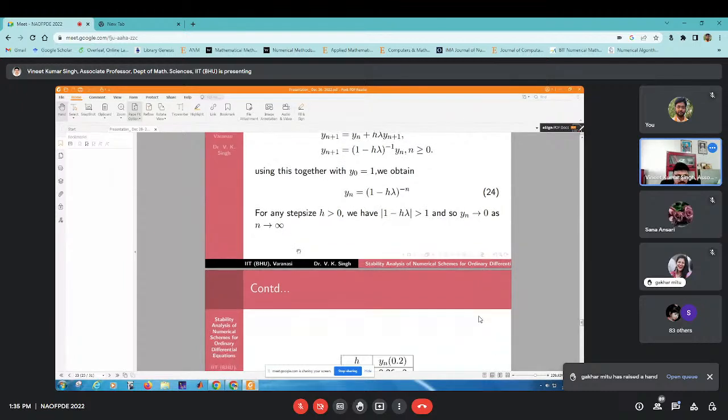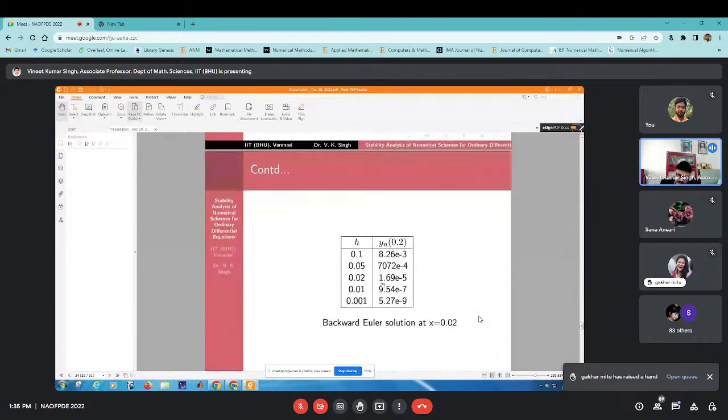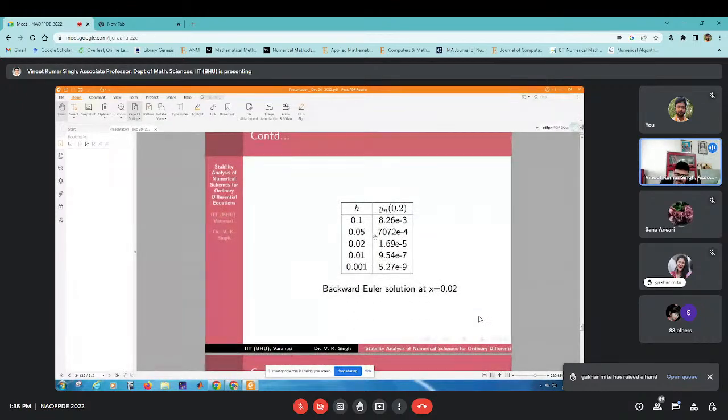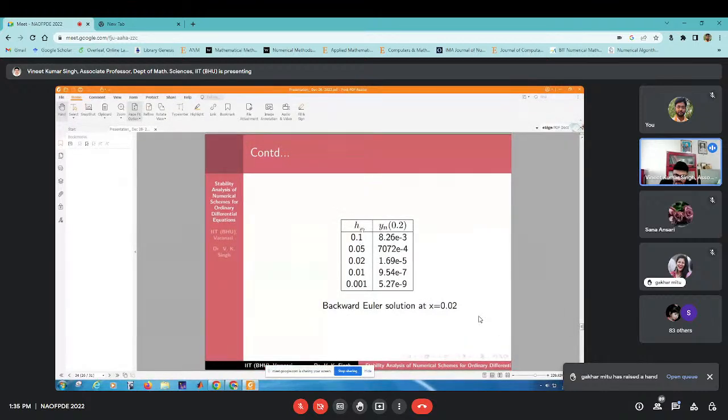Okay. So if we come to this table, that table is calculated based on the given node points. I have taken h as 0.1, h as 0.05, and h as 0.01. We have seen that when step size is very low, we get a very accurate solution.